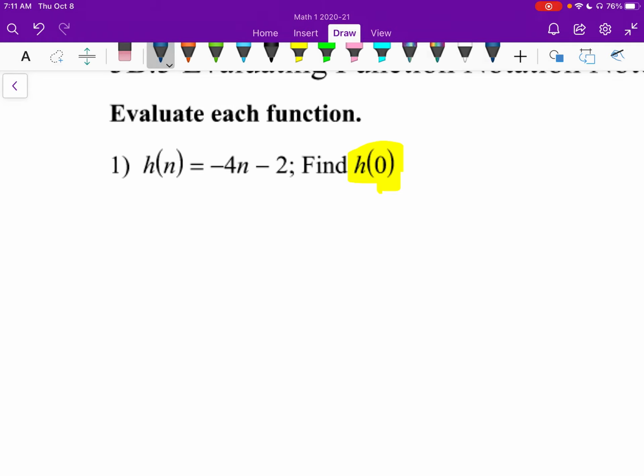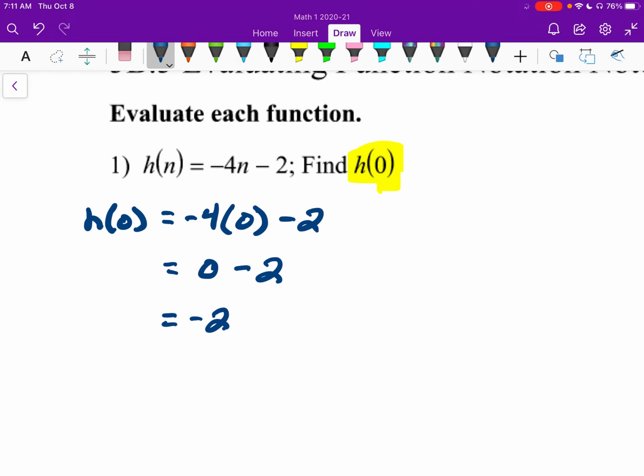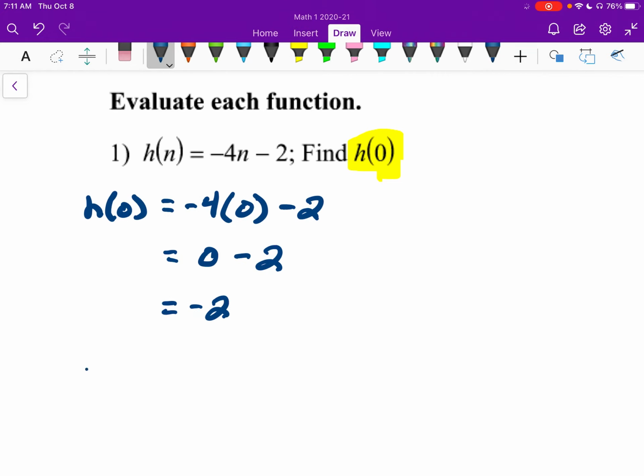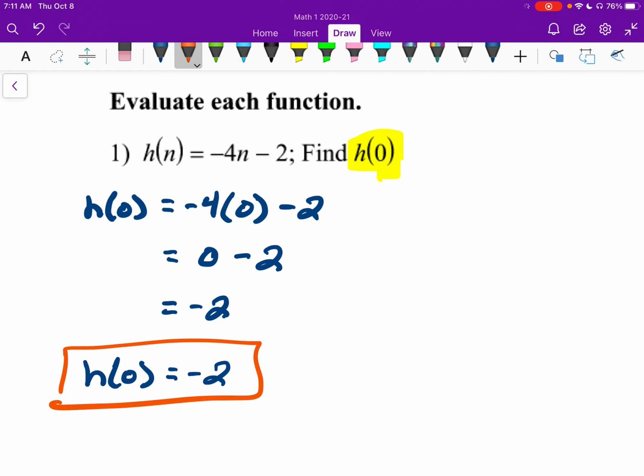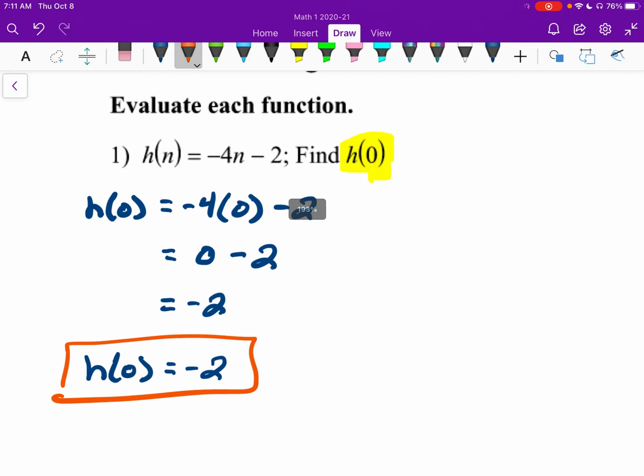So we're going to rewrite this as h of 0 equals negative 4, and we put in a 0 there, minus 2. So this is equal to 0 minus 2, which is equal to negative 2. So if we were to write this at the end, we'd say h of 0 equals negative 2. There we are.